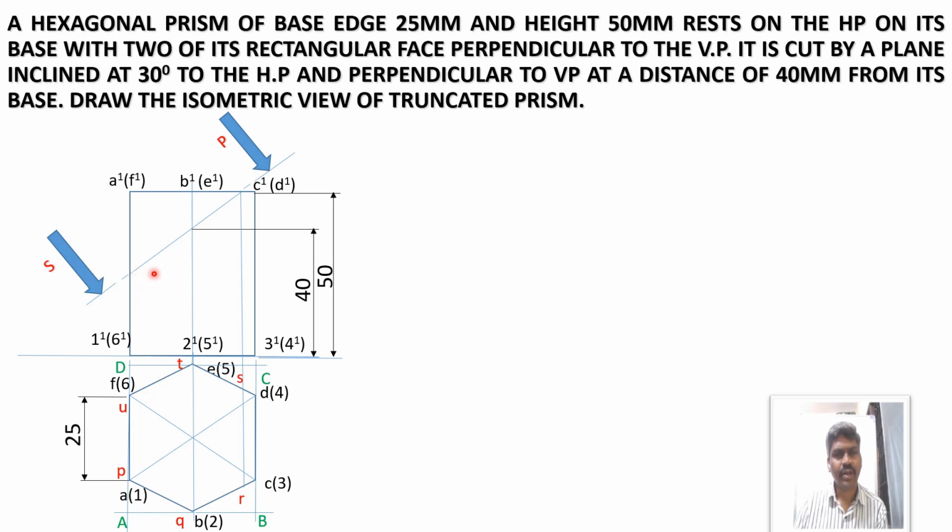Always for these given conditions, you find the section points in the true shape only. Then only you transfer the section points to the front view. So P dash visible, U dash hidden. At this point Q dash visible, T dash hidden. At the section point R dash visible, S dash hidden.